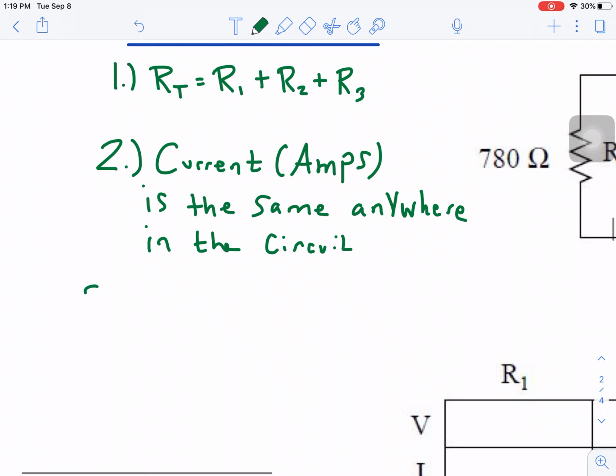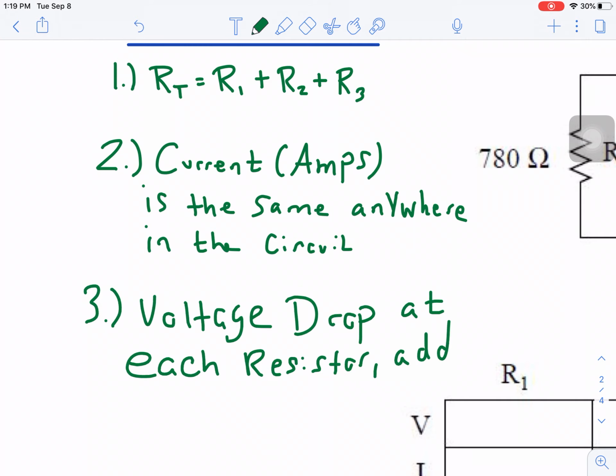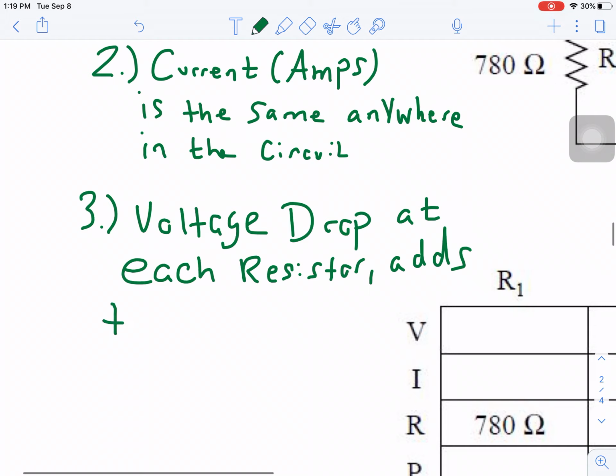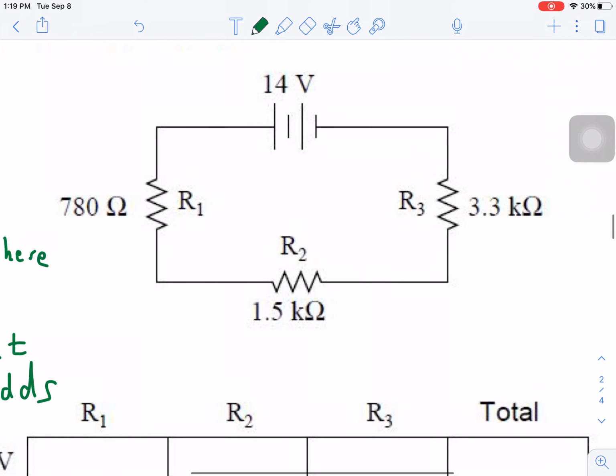Last rule is that the voltage drop at each resistor adds to the total. So what does that mean? Well, we know that we have 14 volts.